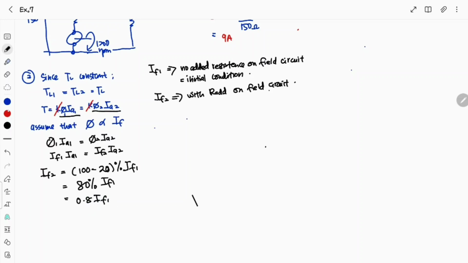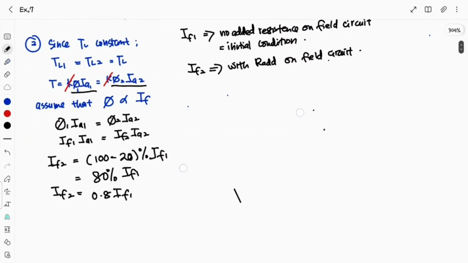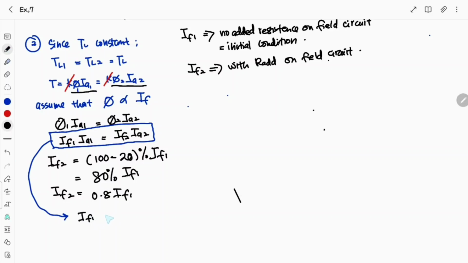IF2. Now let's take a look at this equation again and fill in this IF2. IF1 IA1 equals IF2 IA2, and we have IF2 as 0.8 IF1 IA2.